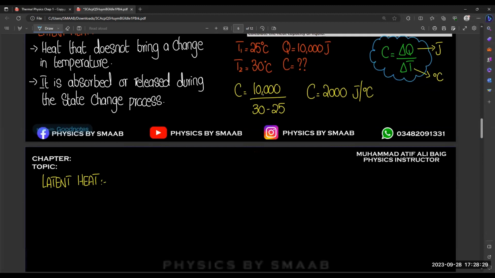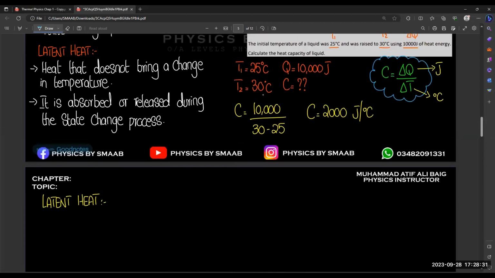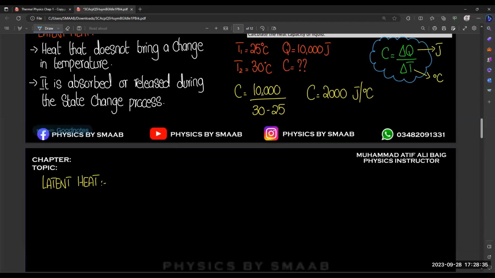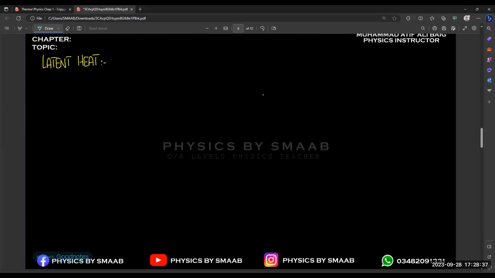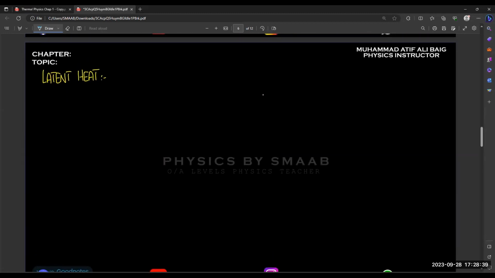Is it before or after? No, latent heat is in the middle, during the process. So it takes place during the process, when the change takes place. So the amount of heat during the change is known as latent heat, right? Sensible heat is supplied before or after the process.